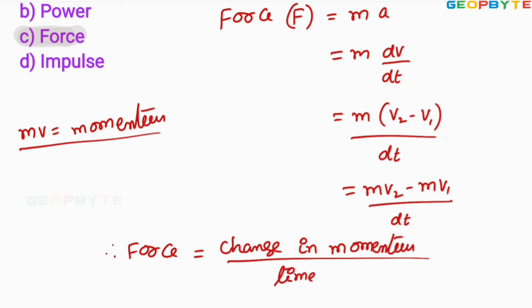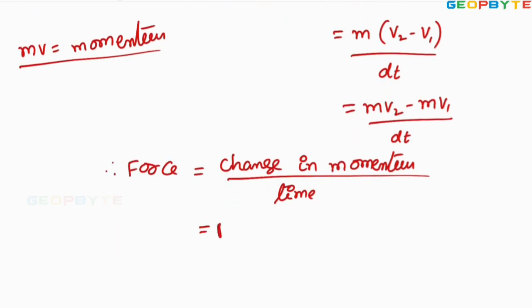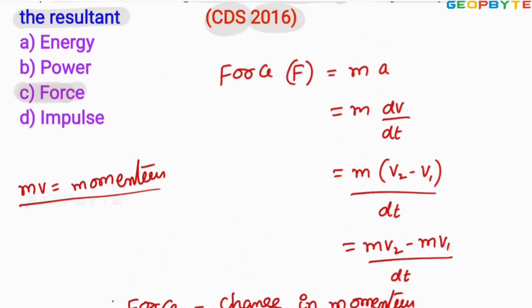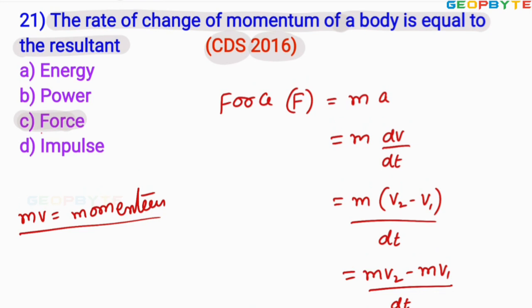Change in momentum divided by time you can write as rate of change of momentum, which is ideally equal to force. Therefore, the required option is option C. Remember, my dear students, rate of change of momentum is equal to force.